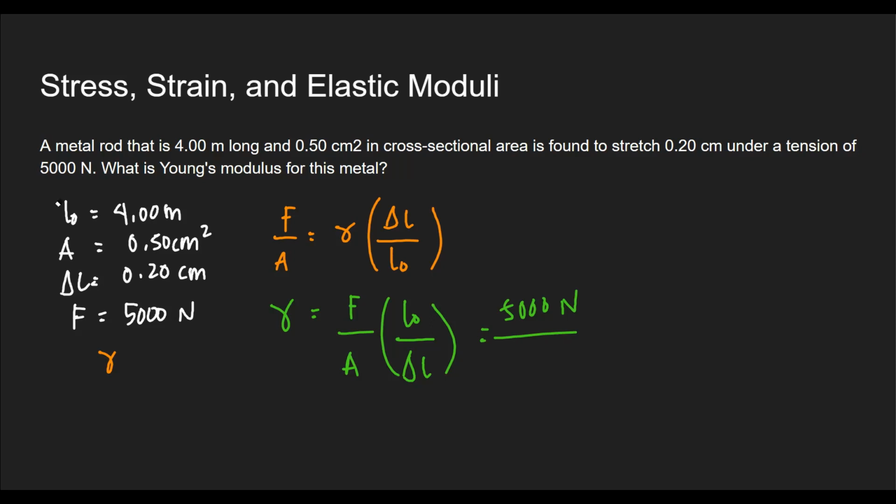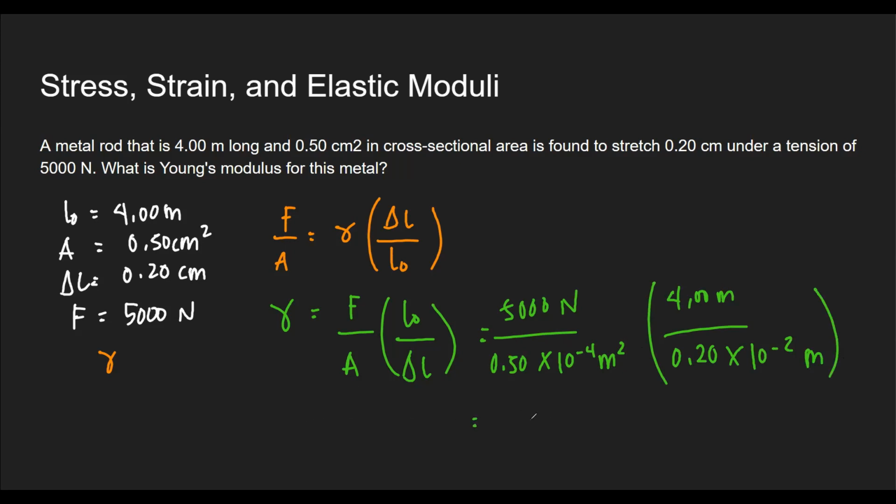So 5,000 newtons over my 0.5 times 10 to the negative 4 square meter, times my L naught, which is 4, no conversion needed, all over my 0.20 times 10 to the negative 2 m. And that would give us 2.0 times 10 to the 11th pascal.